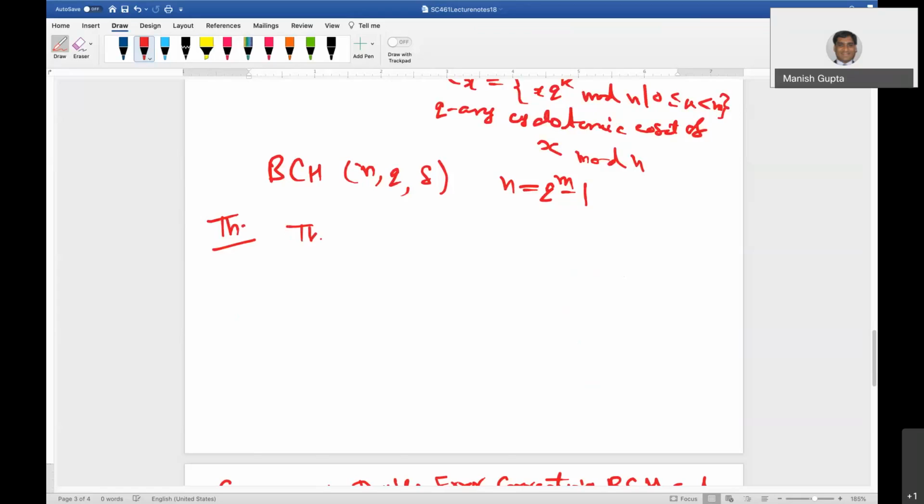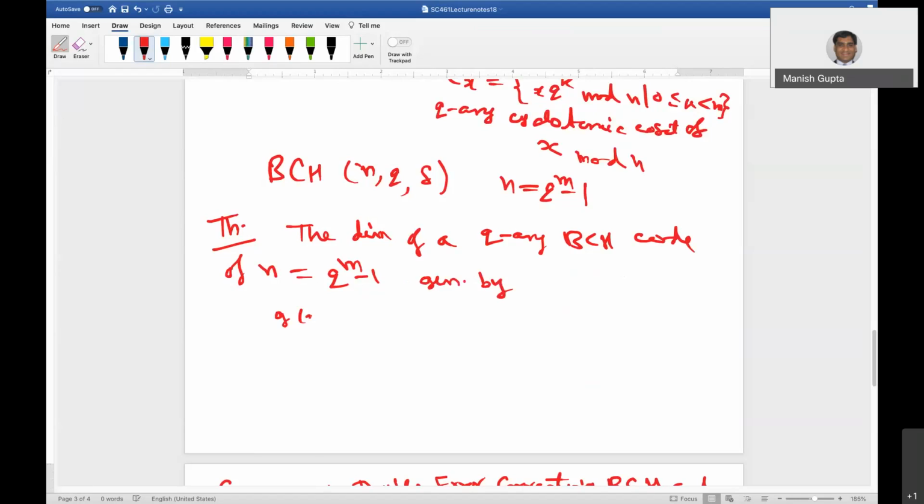The dimension of a q-ary BCH code of length n equal to q raised to power m minus 1, generated by g(x) equal to LCM of the minimal polynomials of alpha raised to a up to alpha raised to a plus delta minus 2, is independent of alpha.